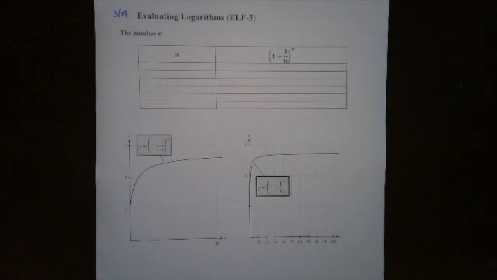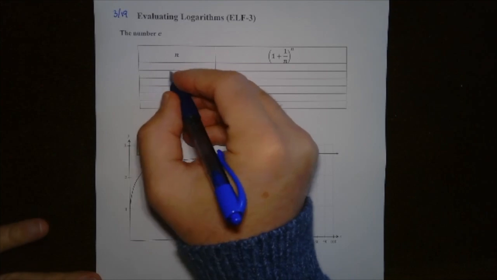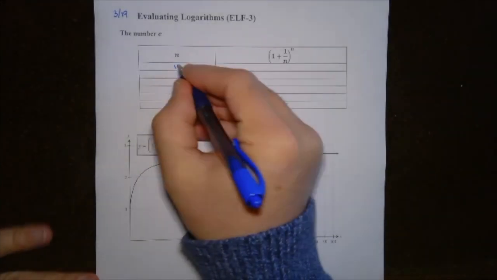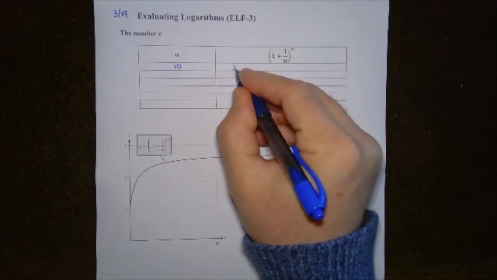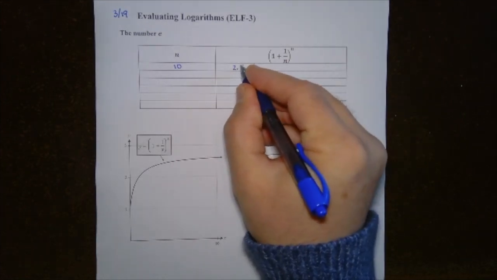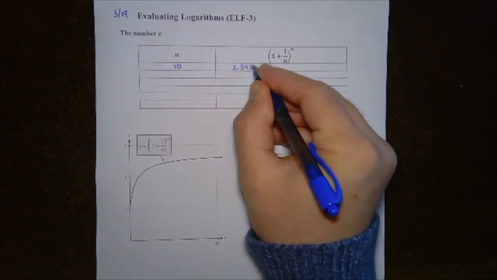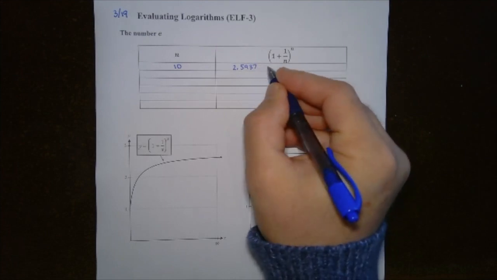Okay guys, let's take a look at this, and we're going to record some of this. When n is 10, 1 plus 1 over n raised to the n power becomes 2.59374246.